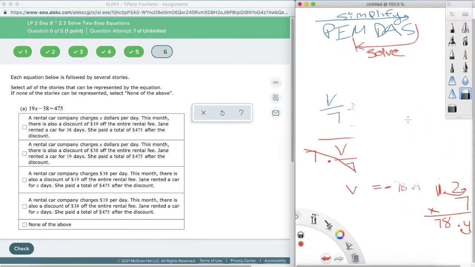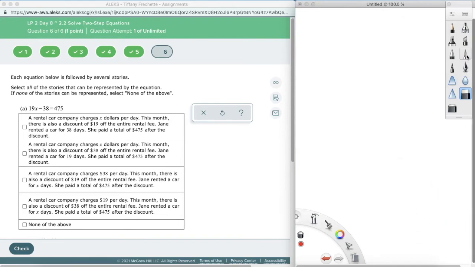We're going to look at some scenarios here, and we just need to think about what kind of story we can tell about these numbers. In this case, I have 19 of something. That's what this means.